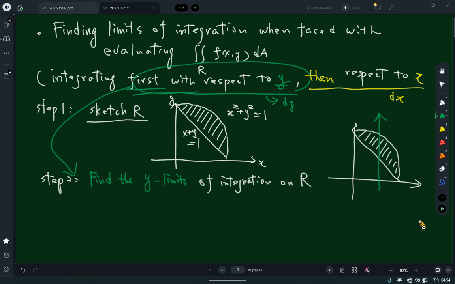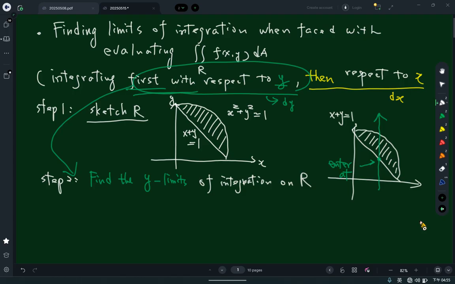So this is the dy first, right? So we can find, we will have an enter point. And we will enter at this point, because originally this is x plus y is equal to 1, right? Originally, this is this one.